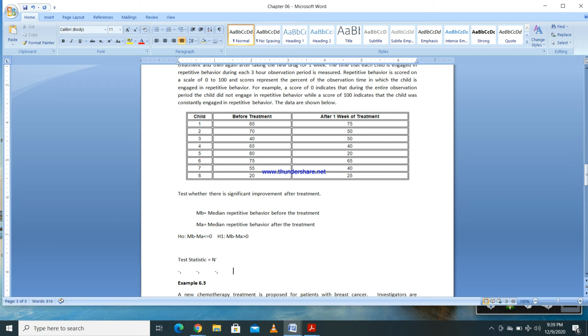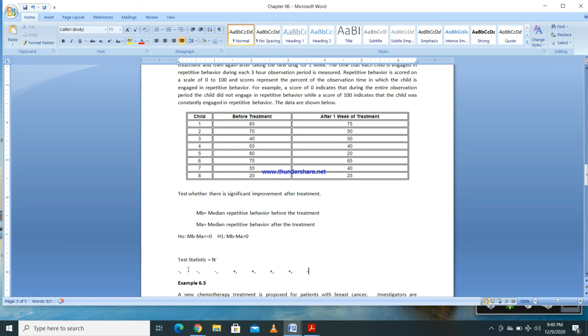Then 65 minus 40, that is a positive difference. 80 minus 20, positive. 75 minus 65, again positive. 55 minus 40, positive. Then 20 minus 25, negative.